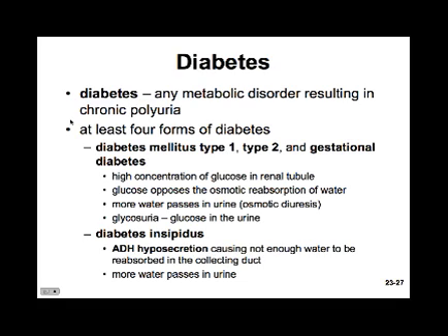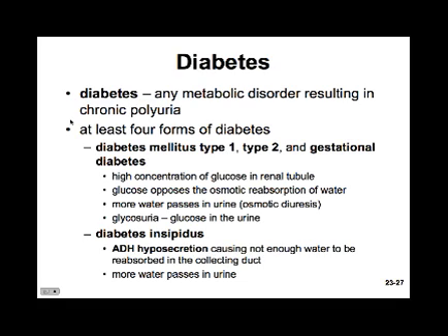Glucose opposes the osmotic reabsorption of water. So if there's extra glucose in the urine, then reabsorption of water into the tissues is going to be much slower. And thus we leave more urine in the tubules, a higher volume of water in the urine.